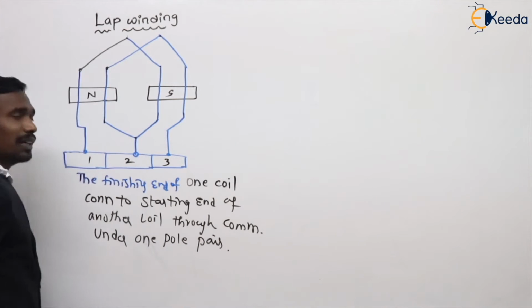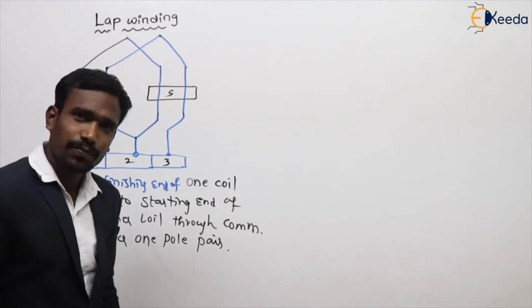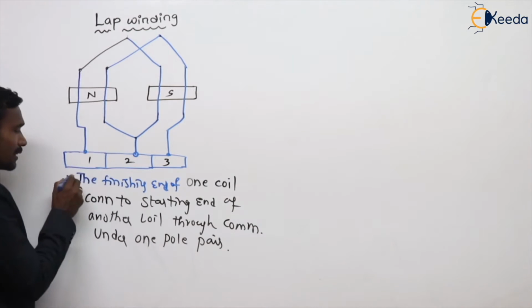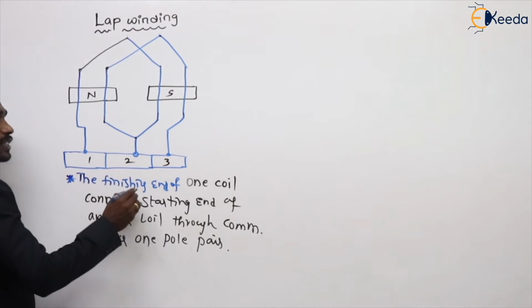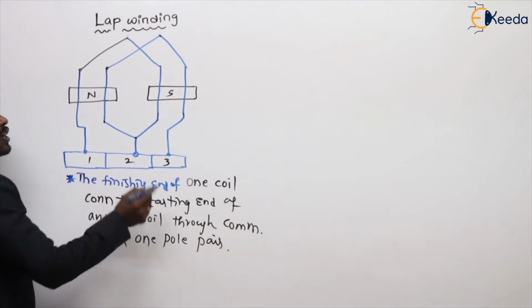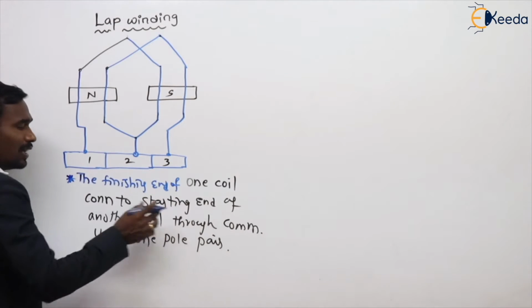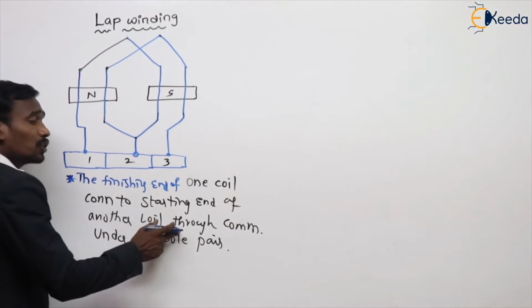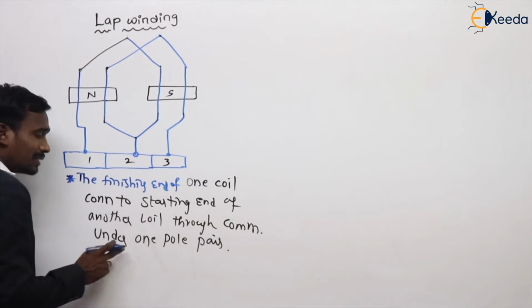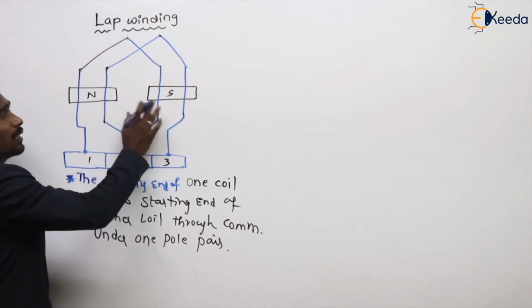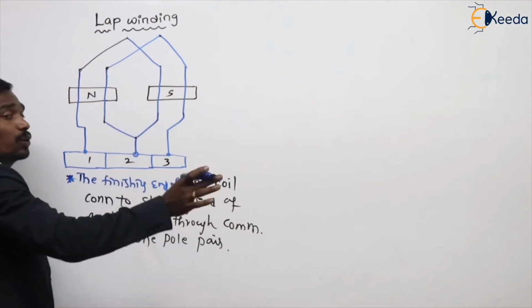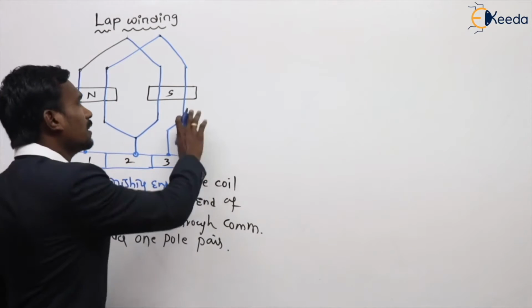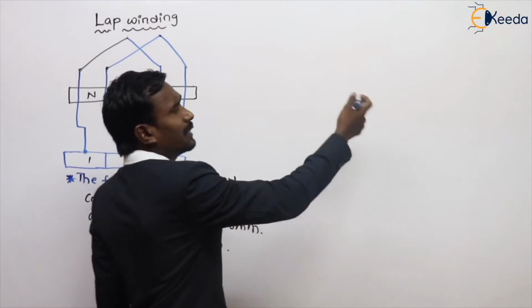This is completely lap winding. So that is the definition: the finishing end of one coil connected to the starting end of another coil through the commutator segments under one pole pair. The process will take place under only one pole pair. After that, the next pole pair. After that, the next pole pair.